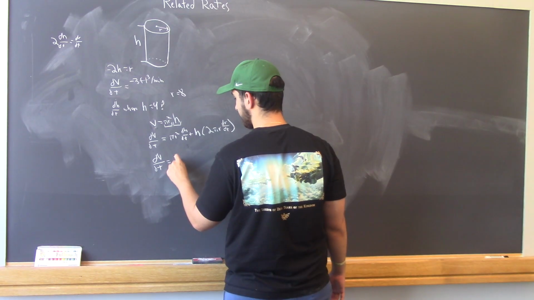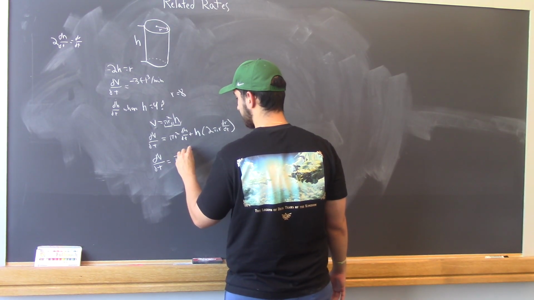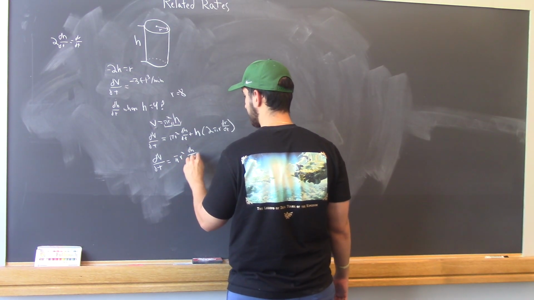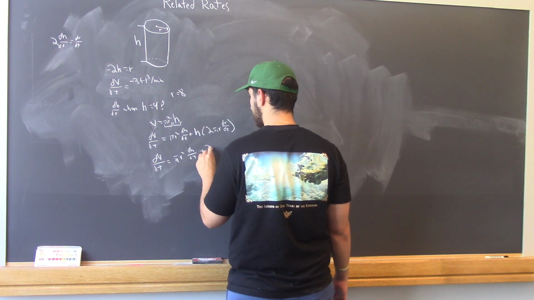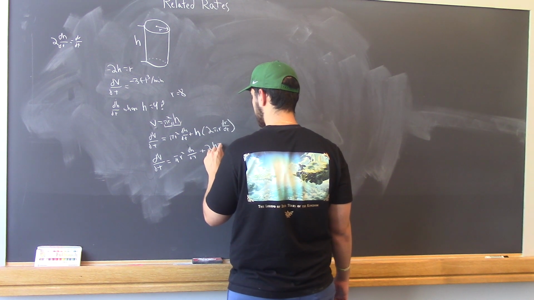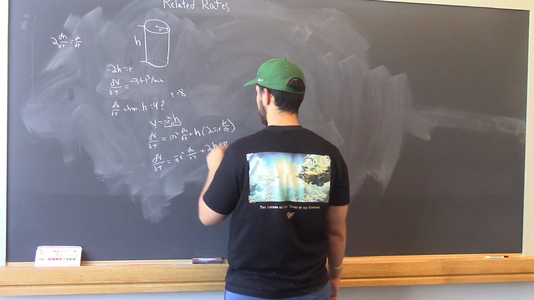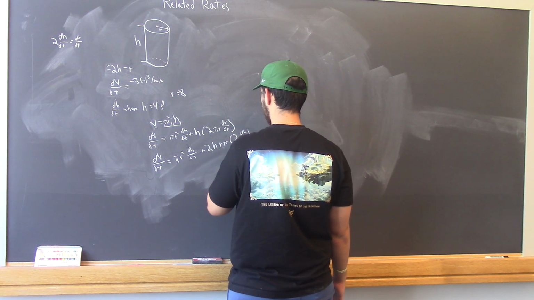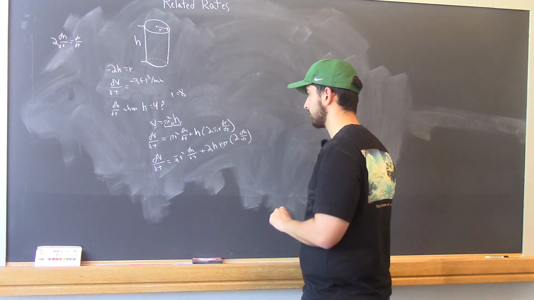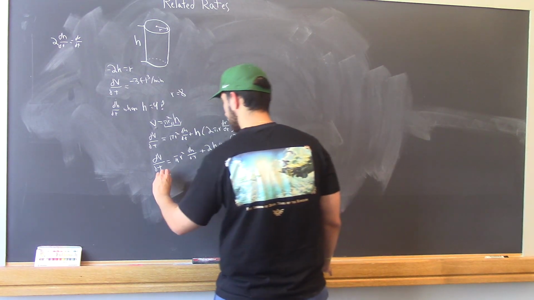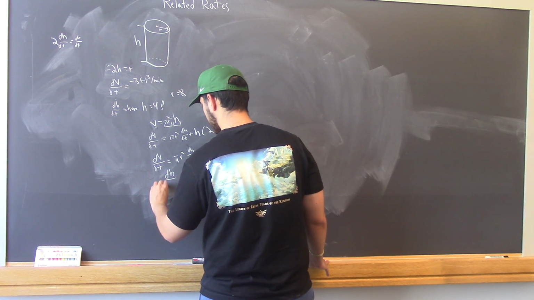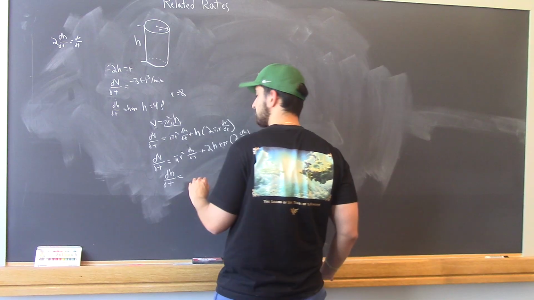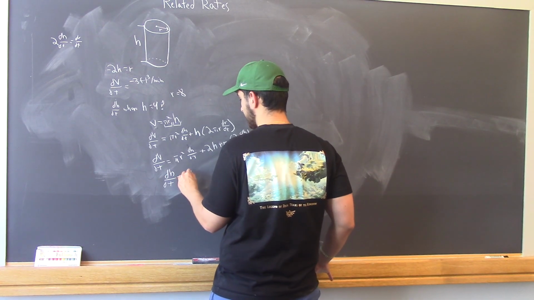So let me rewrite this now. We have pi r squared dh dt plus 2h pi, or sorry, 2hr pi, and then dr dt is 2 dh dt times 2 dh dt. Okay. I'm taking it nice and slow because this is admittedly the first fun question in my opinion, right?